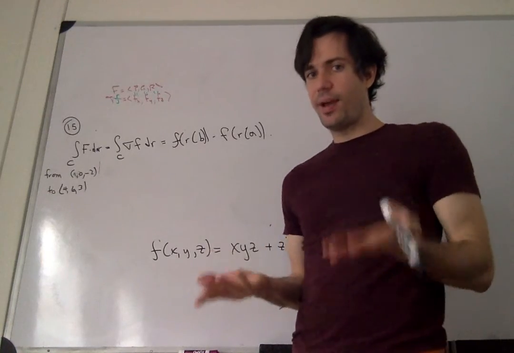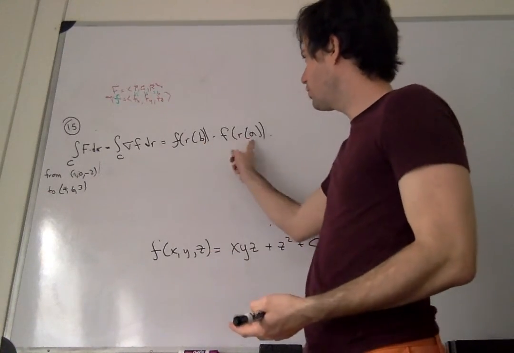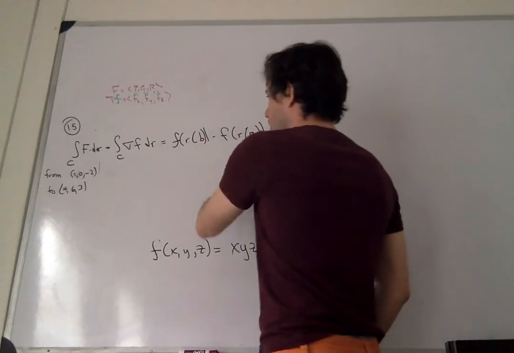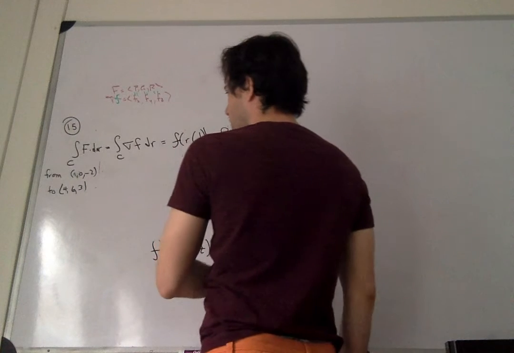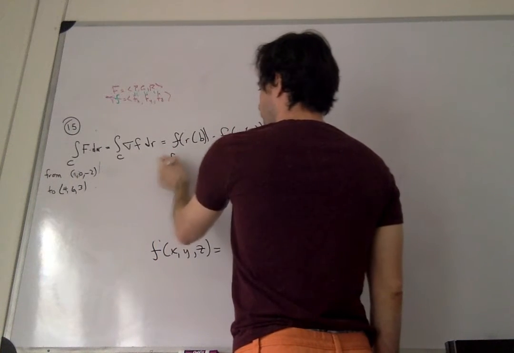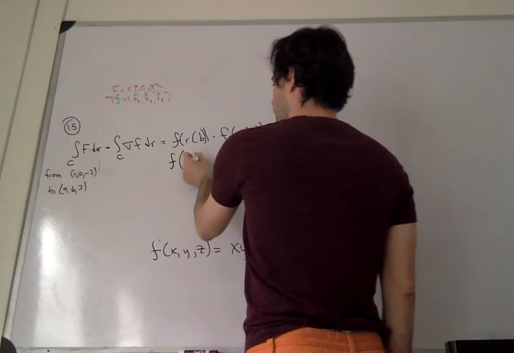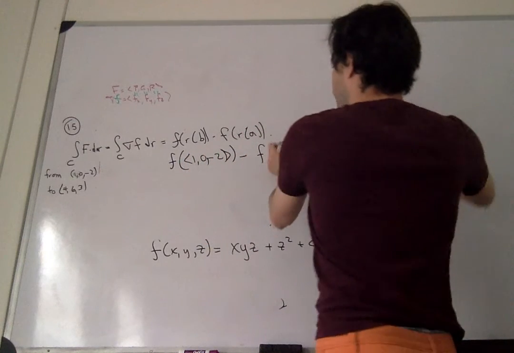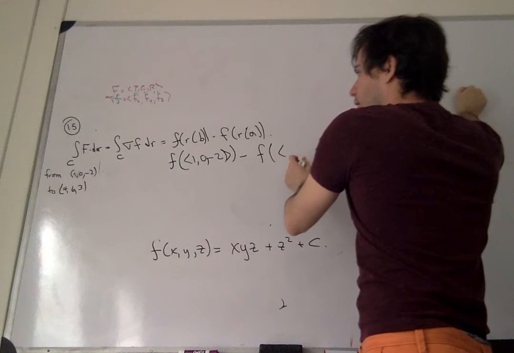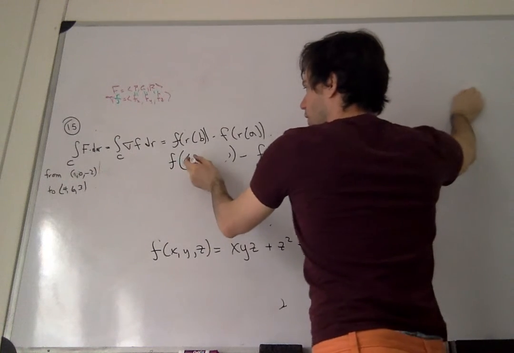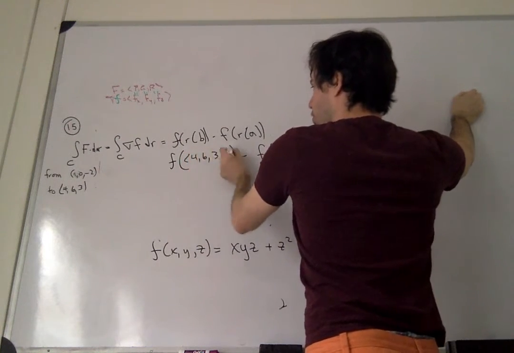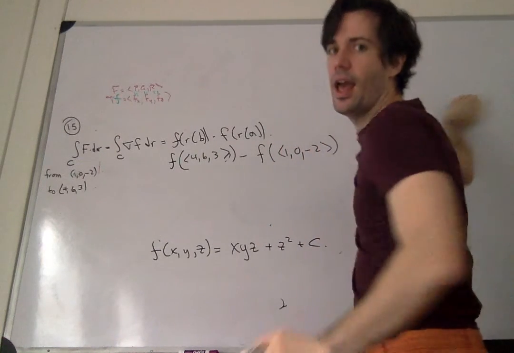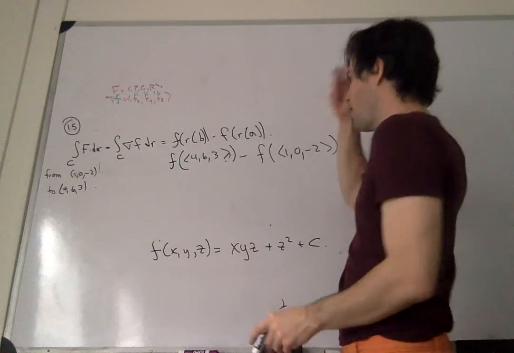So it doesn't really matter what path I use. So what are r(b) and r(a)? Well, this is A and this is B, so this will be f(4, 6, 3) minus f(1, 0, -2), got that backwards. And now I need to evaluate that.